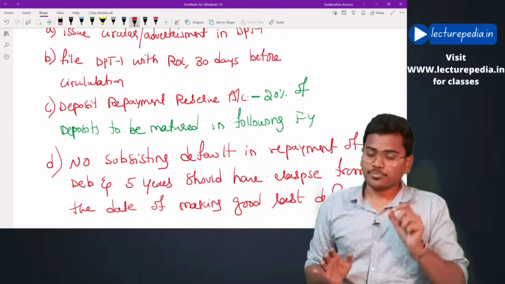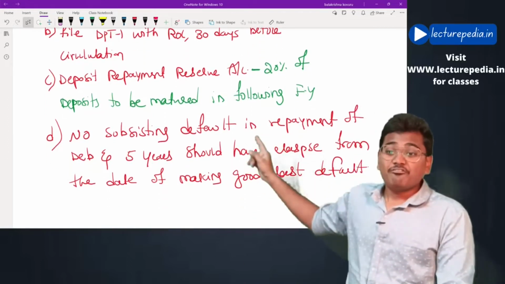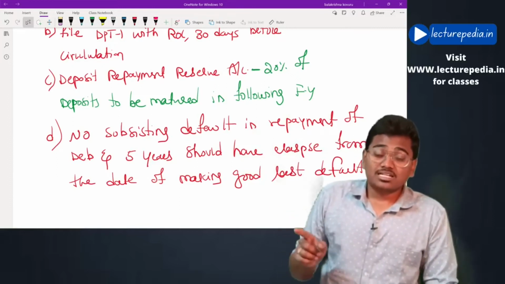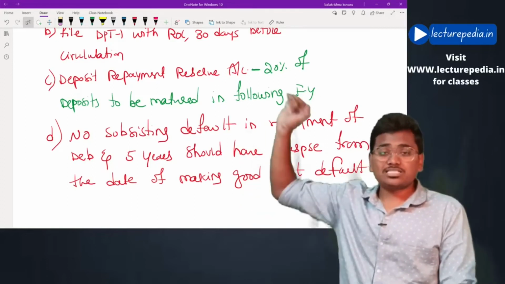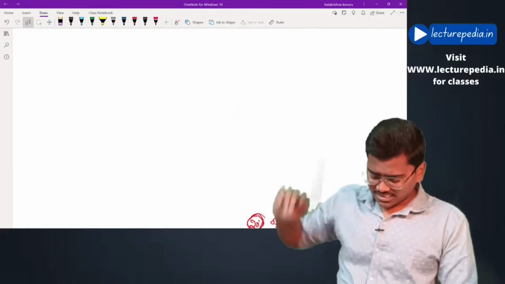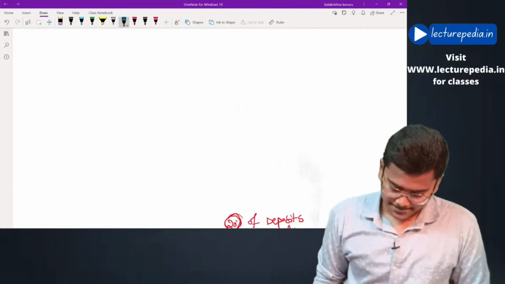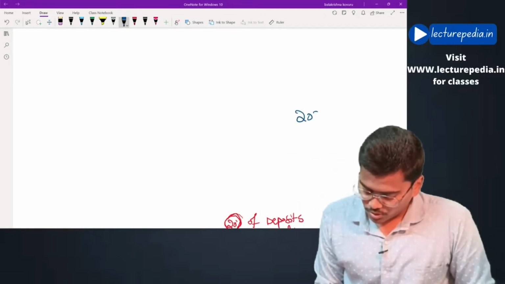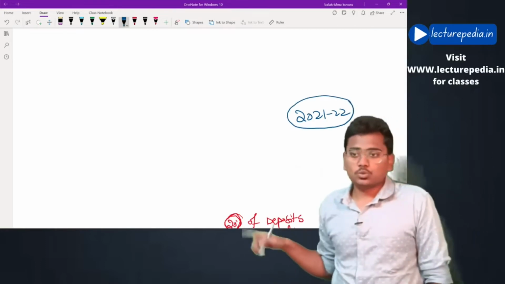Hope this is clear. And also this point: 5 years should have elapsed from the date of making good the last default. That means, let's say in 2021-2022 the company wants to raise deposits.